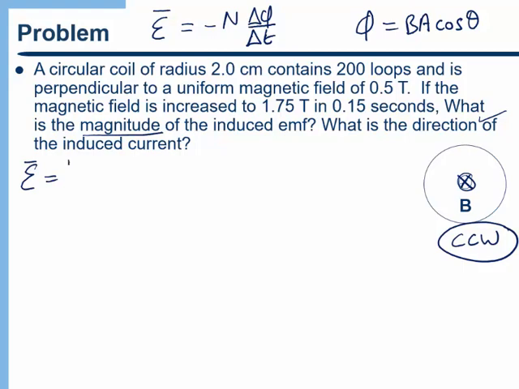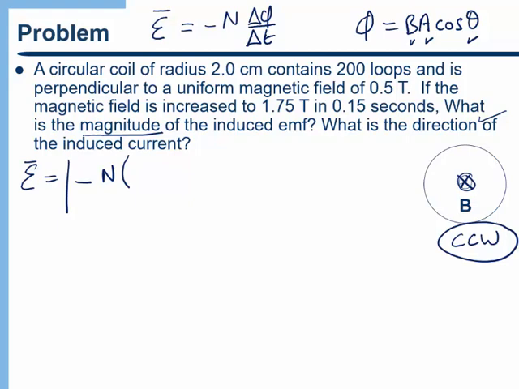So I've got the absolute value of negative N. N is just the number of loops. But now the flux could be changing either because B is changing, A is changing, or theta is changing. I'm going to write this out in the most general way first.